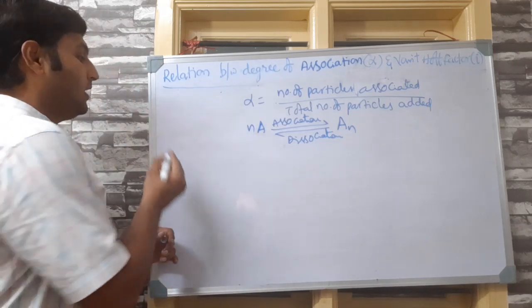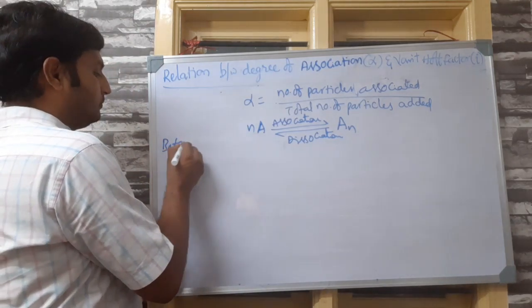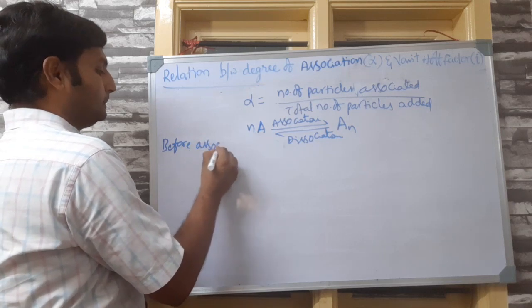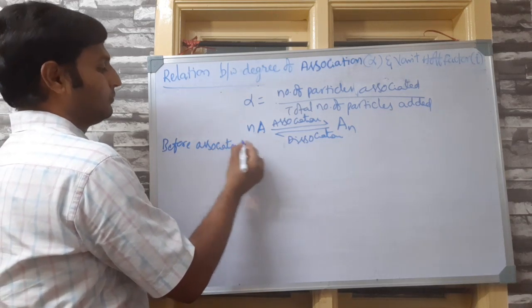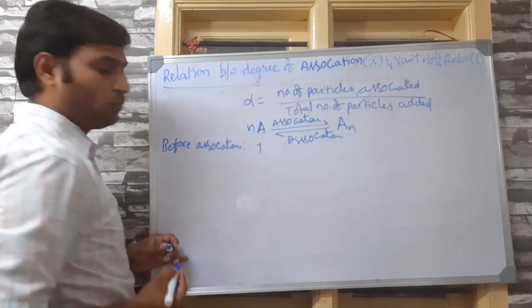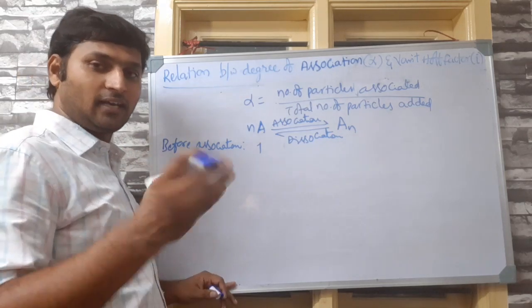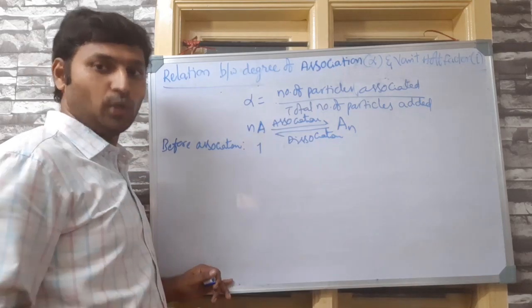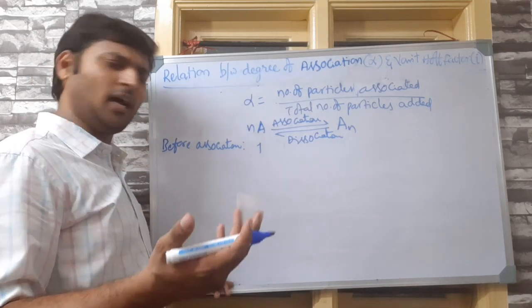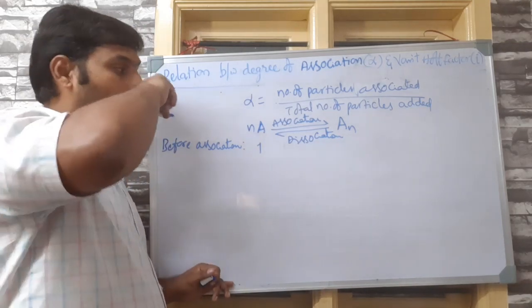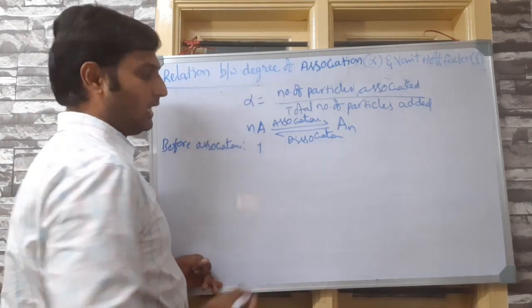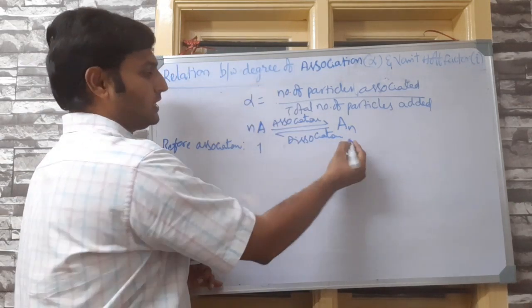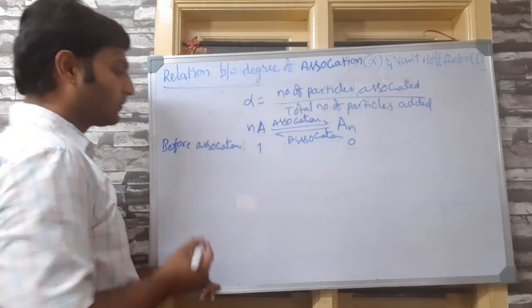Now, before association, assume I started with 1 mole of A. Like I took 1 mole of acetic acid solution. I dissolved 1 mole of acetic acid in the solution per liter, per half liter, whatever it could be. So I started with 1 mole. Initially, because there is no association happening, it will be 0.